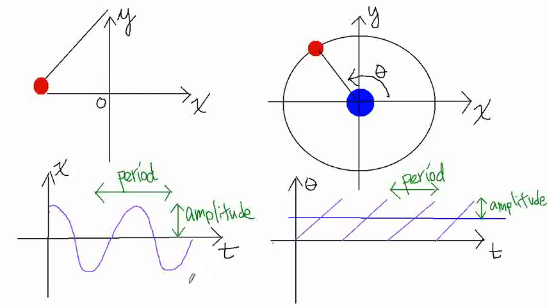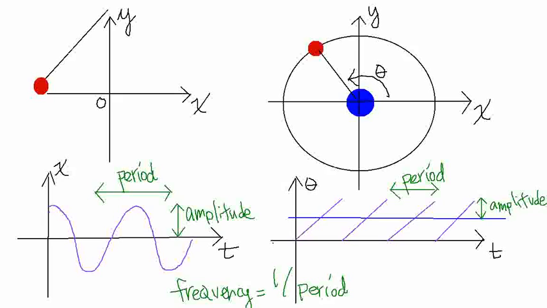So we're going to define the frequency this way. The frequency is equal to 1 divided by the period. Okay, so it's the inverse of the period. And those are the 3 parameters we need to know: period, amplitude, and frequency.